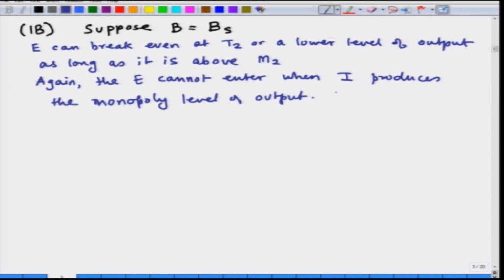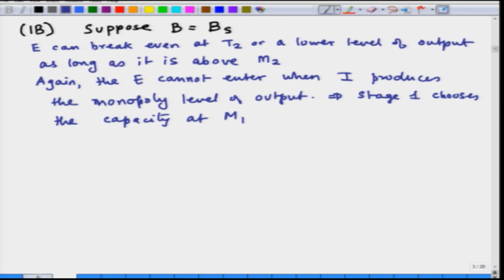So, in stage 1, the incumbent chooses the capacity at M1, guaranteeing that the entrant will not enter the market.